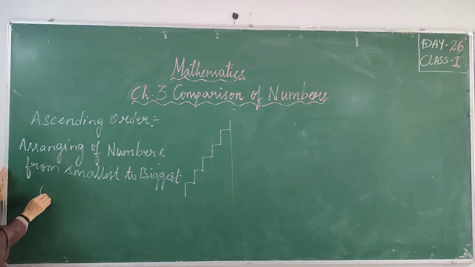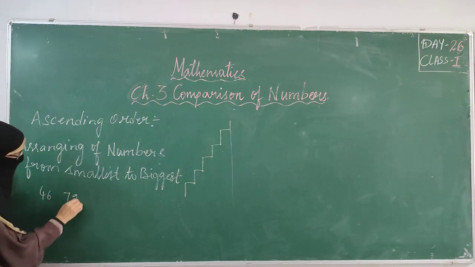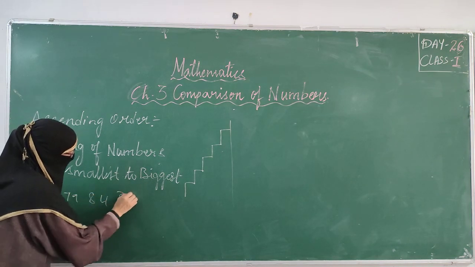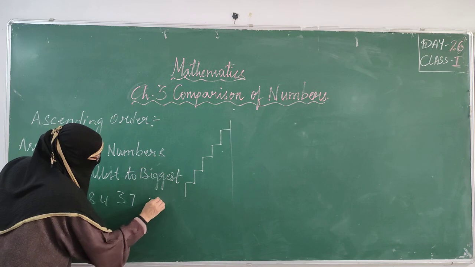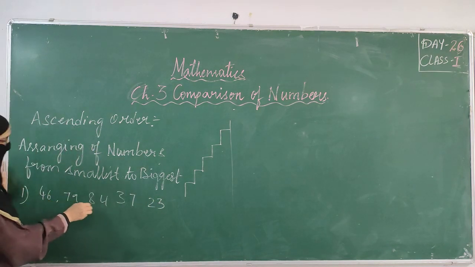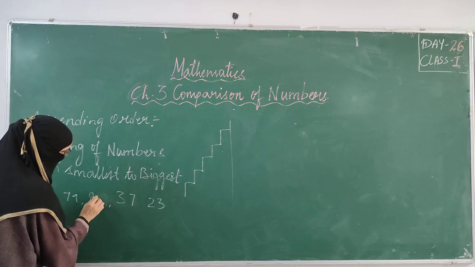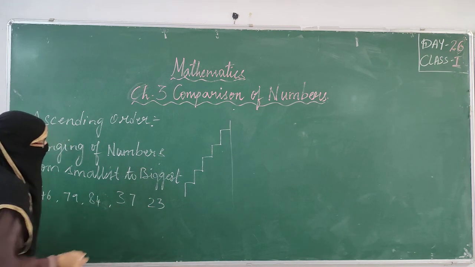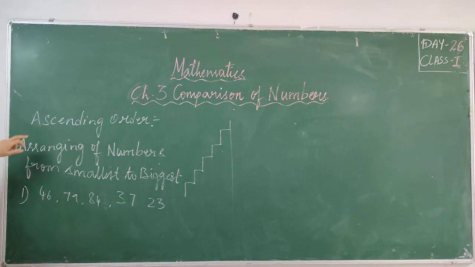So I will give you some numbers: 46, 79, 84, 37, 23. You have to arrange these in ascending order.